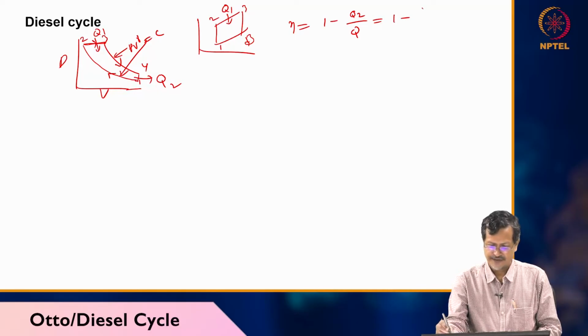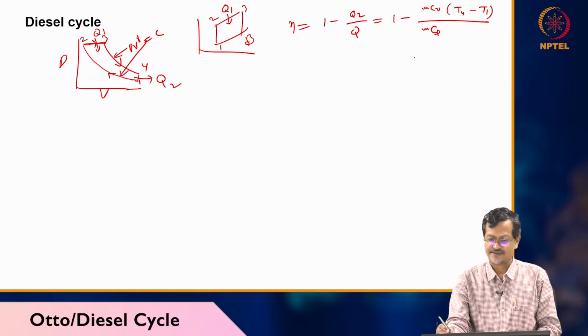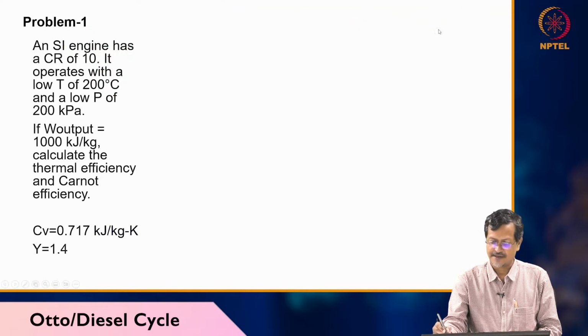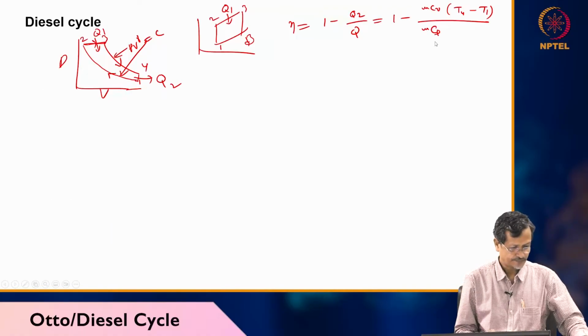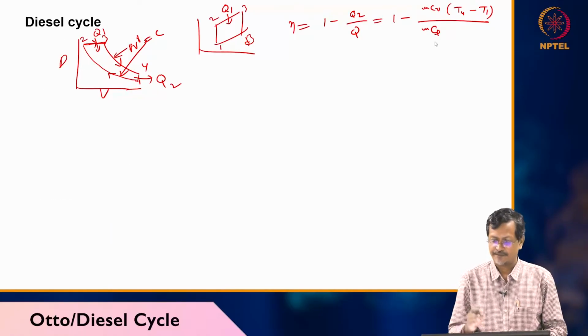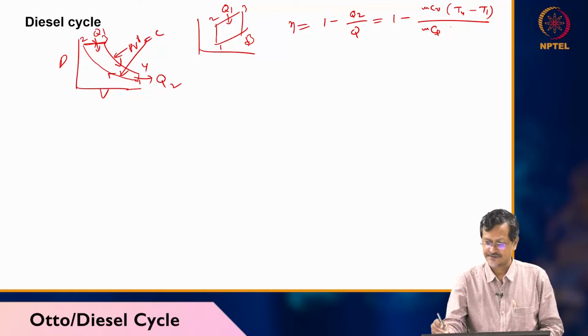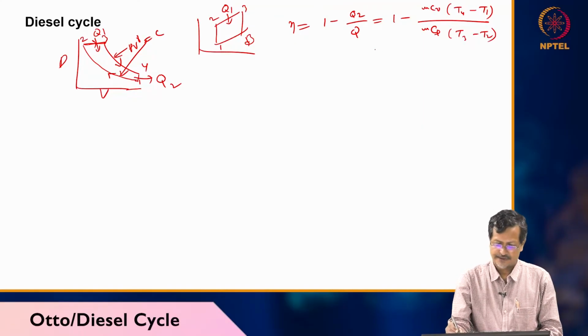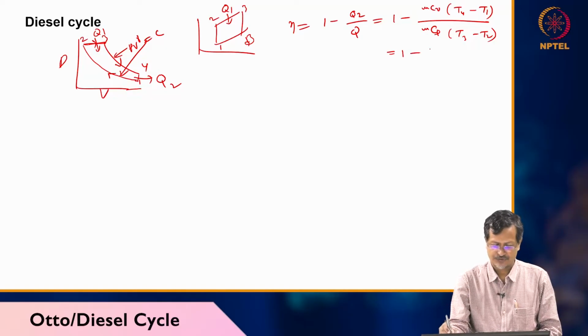So 1 minus mCV (T4 minus T1) over mCP (T3 minus T2). Q1 is CP, a constant pressure process, but heat exhaust is a constant volume process. Now we will solve this and try to formulate the efficiency equation: (T4 minus T1) over gamma (T3 minus T2).